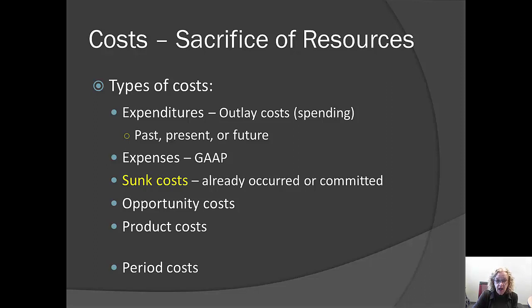By contrast, opportunity costs haven't occurred yet. They occur whenever we have to make a choice.